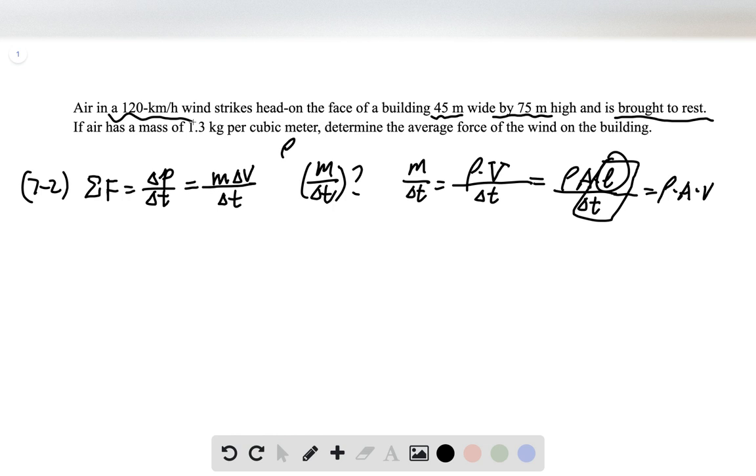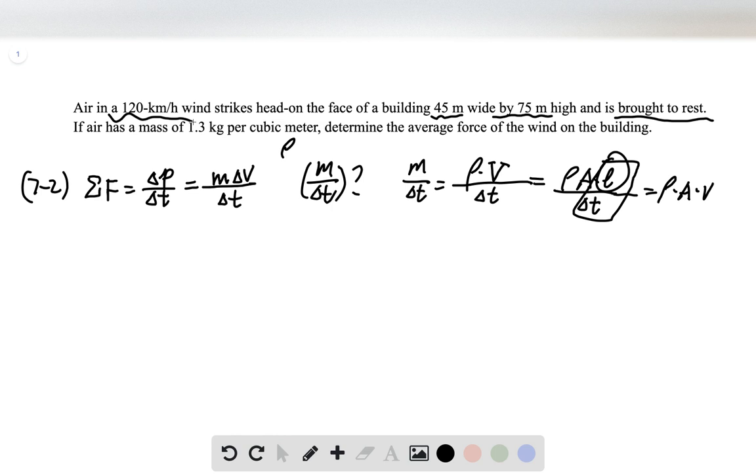So really what it's saying is that because this air is moving with the initial speed of 120 kilometers per hour, that means in 1 second, the volume of air that is brought to rest is the surface area of the building times the 120 kilometers per hour.